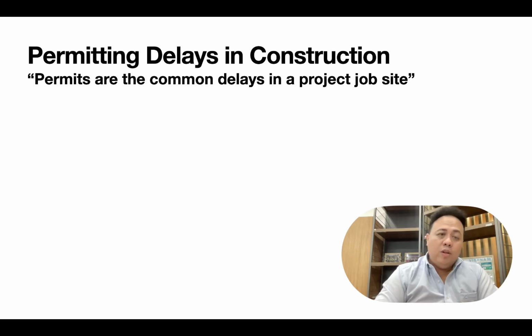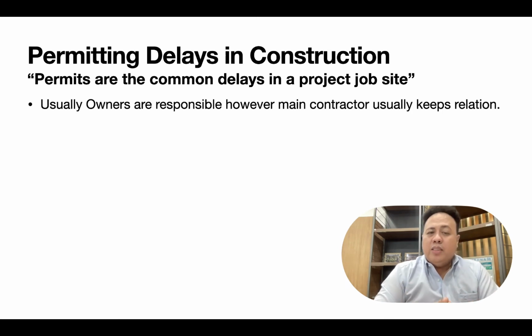As we all know, permits are the most common delays at a project job site. Have you heard that some companies put a very small time in their construction schedule for acquiring the construction permit? They would put 3 months, but in reality, it will be 6 months. Usually, the owners are responsible.